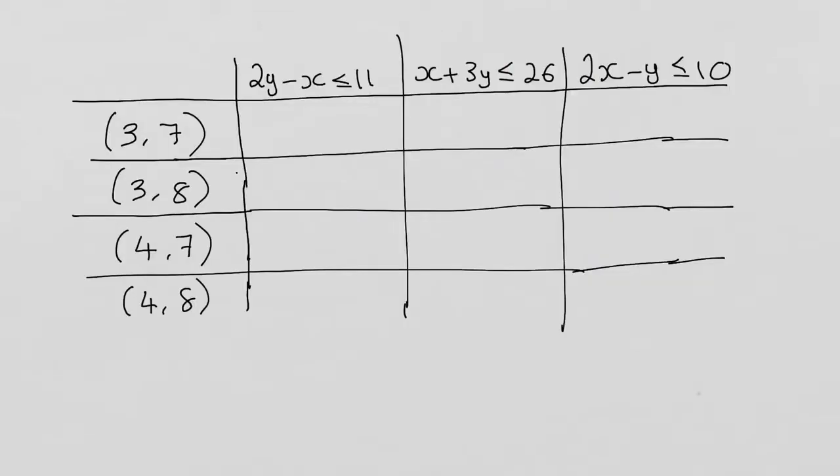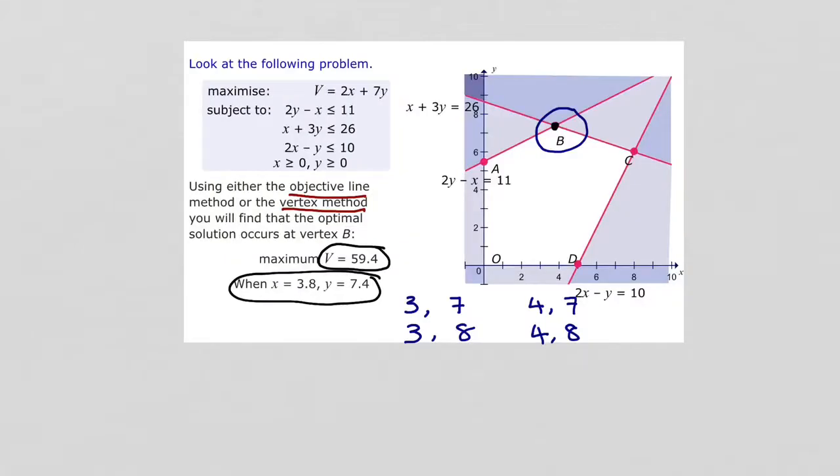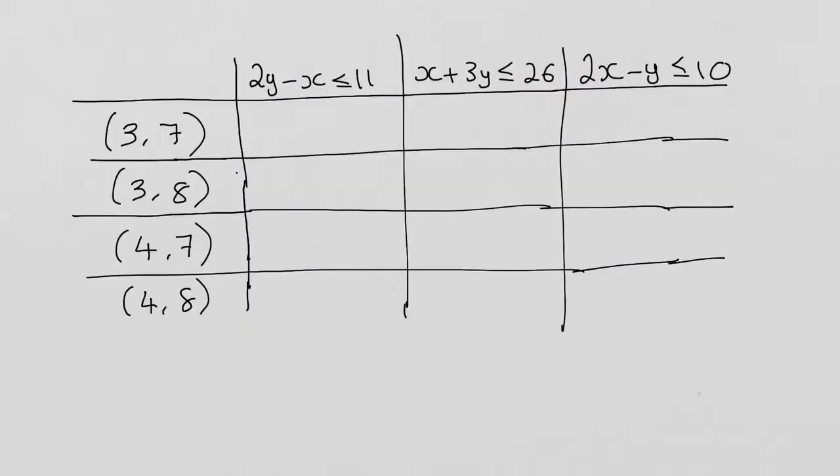So we have to test those 4 points. So what I'm going to do is put each of those coordinates into the inequalities that make up that graph. So all 3 of these inequalities, I know the equations on the graph, they're inequalities over here. I've written them down into a table and I've got the 4 different possibilities here.